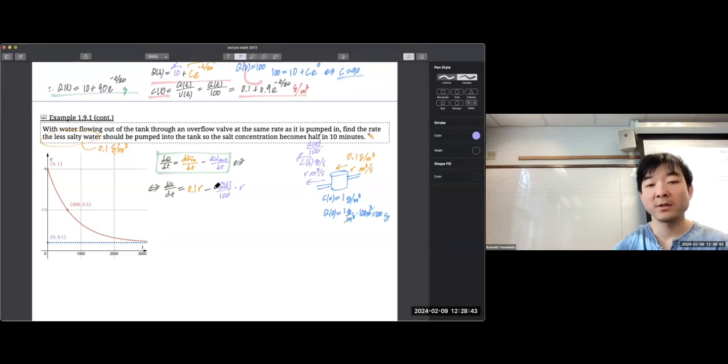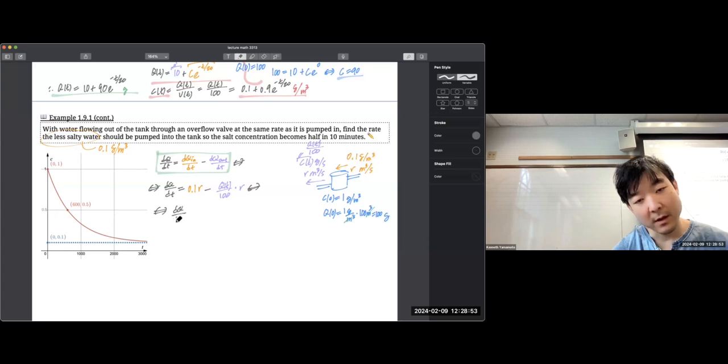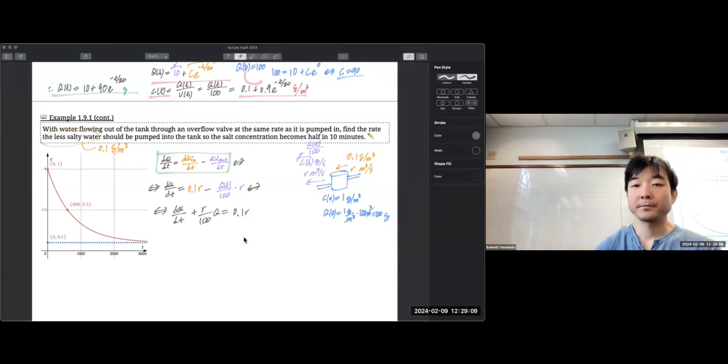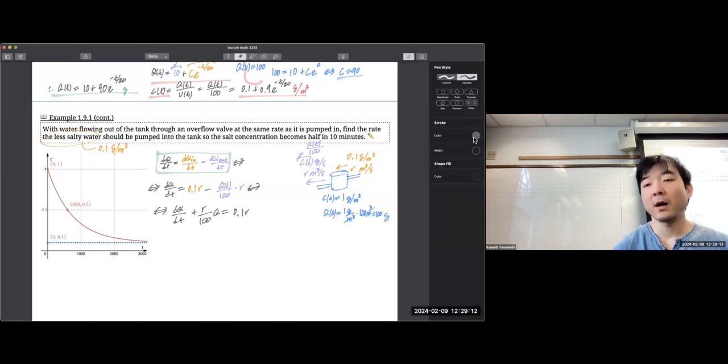This is our differential equation that you can write in standard form by putting all the Q terms on one side. So you'll have dQ/dt plus R over 100 times Q, where Q is the unknown, equals 0.1 times R. And R is a constant, the inflow and outflow rate.